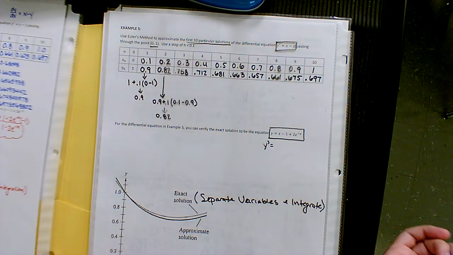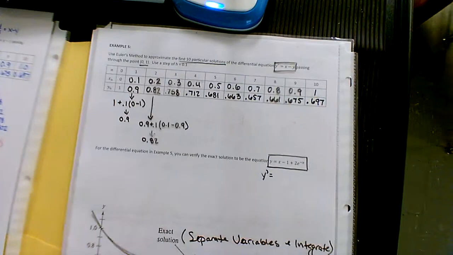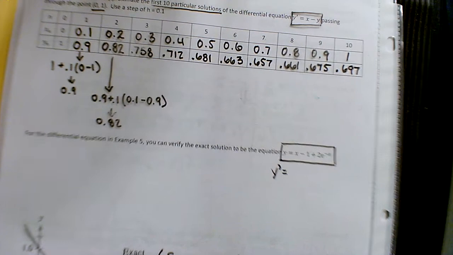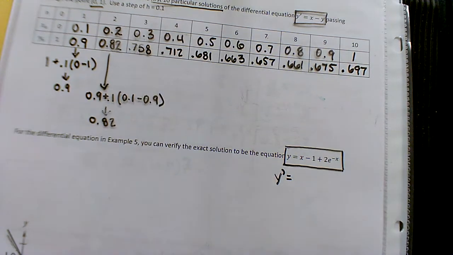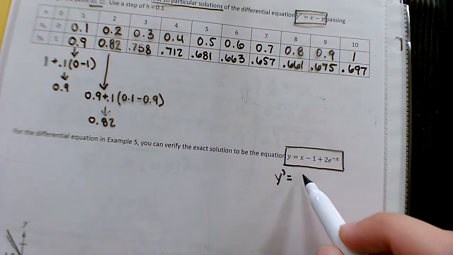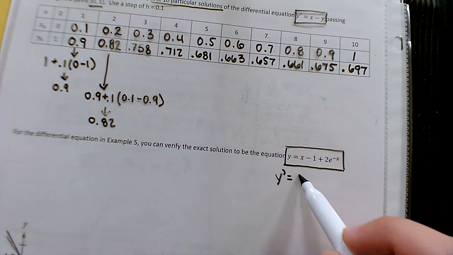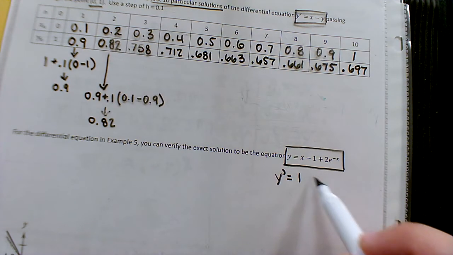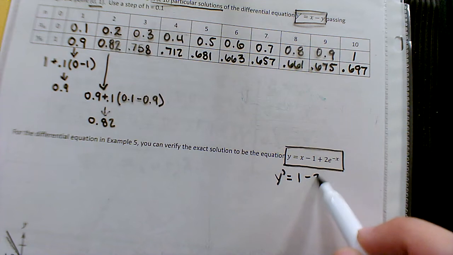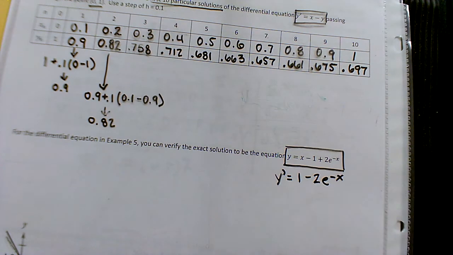If we did y prime, we'd have 1 minus 2e to the negative x.